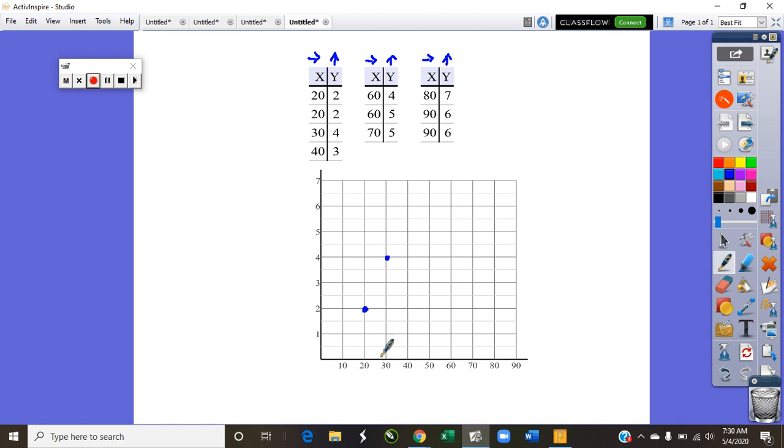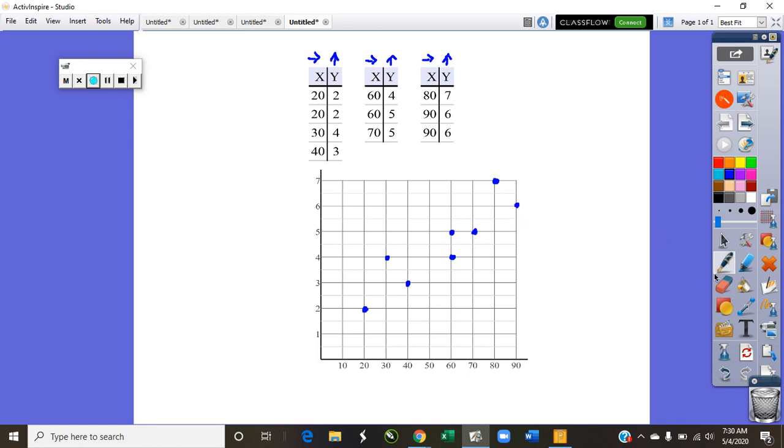Over 40, up 3, over 60 up 4, over 60 up 5, over 70 up 5, over 80 up 7, over 90 up 6, and again over 90 up 6.